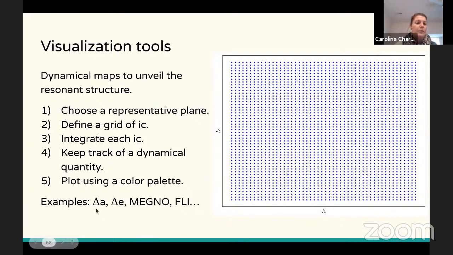So as an example, we can have the variation of the semi-major axis, or the eccentricity of the orbit, or the MEGNO, which is the mean growth of the orbit, or there are plenty of other dynamical quantities that we can keep track of. And each of these indicators has its own pros and cons, but we can understand the behavior of our system by analyzing these results.